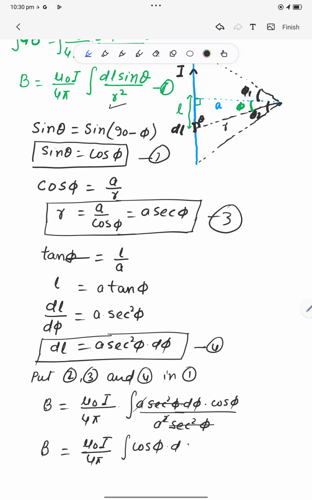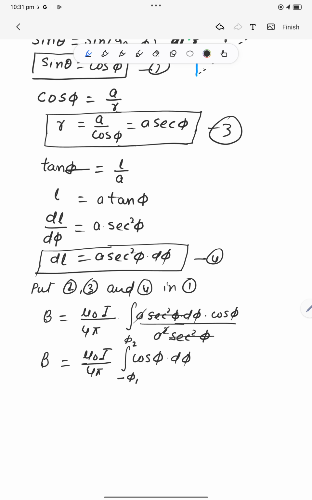cos phi d phi, and the limit of this phi will be from where to where? This phi 2 is anti-clockwise and this phi 1 is basically clockwise. So we will put here minus phi 1 to phi 2.